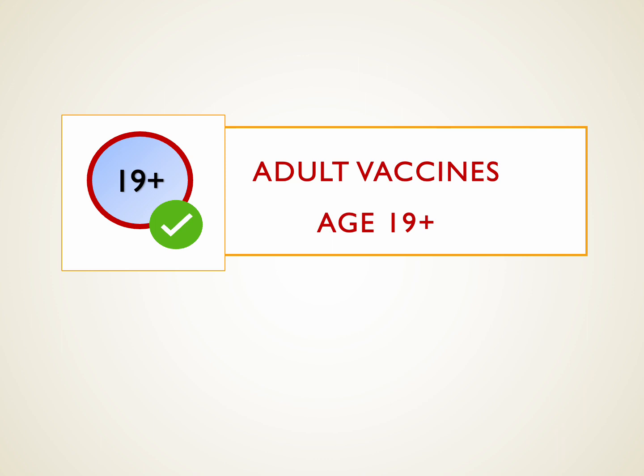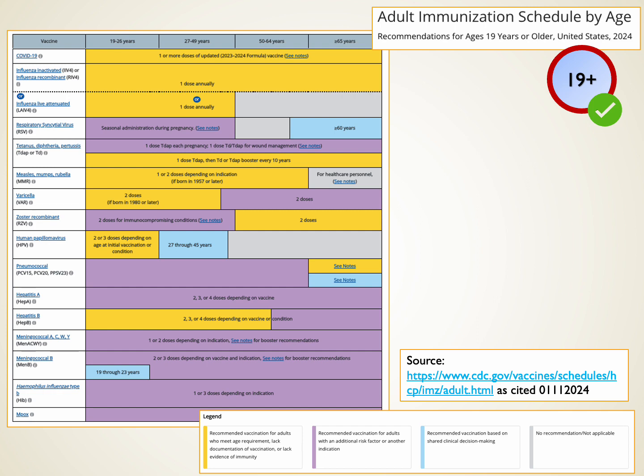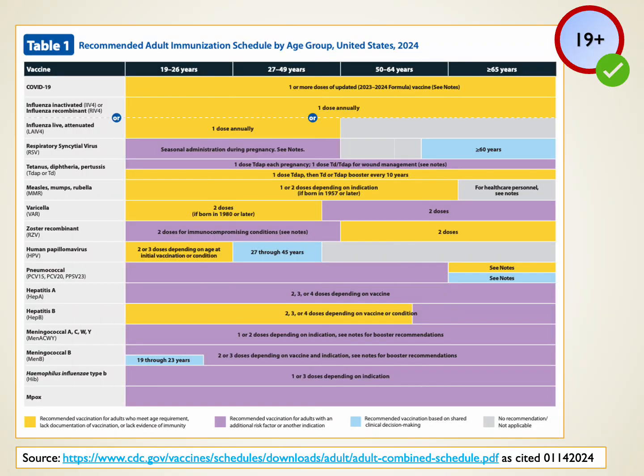Lastly, here are the adult schedule tables. For these slides, I've included a 19 plus symbol if it's really focusing on adults. This schedule is both in a smaller window here, and a larger table 1 that looks very similar to what you're going to see in the pediatric slides as well, pretty much with the breakdown of 19 to 26 years, 27 to 45, and beyond, and then over the age of 65, with varying criteria of who are candidates for which vaccine.